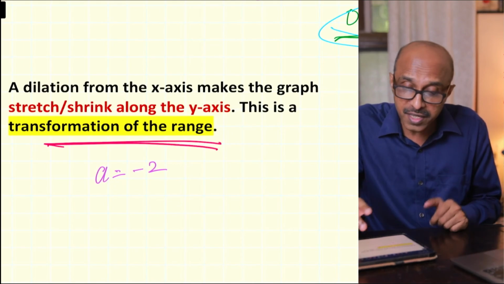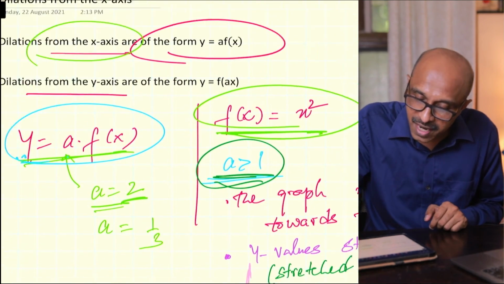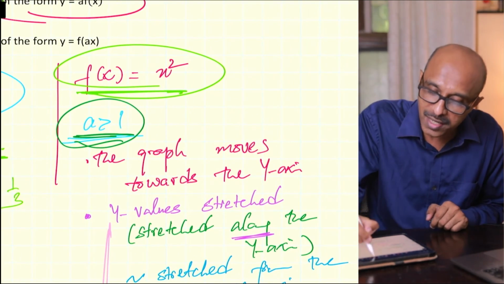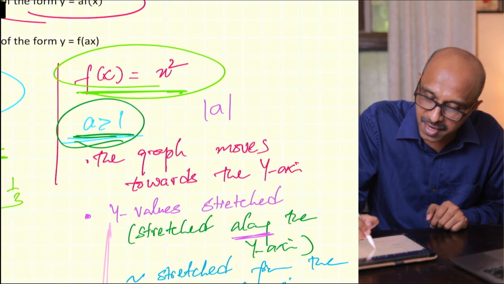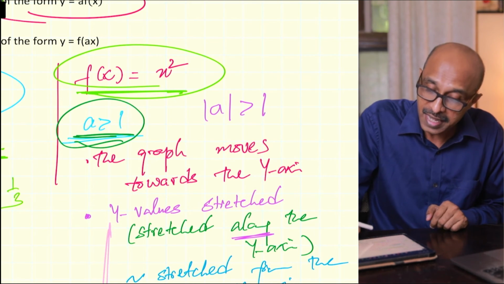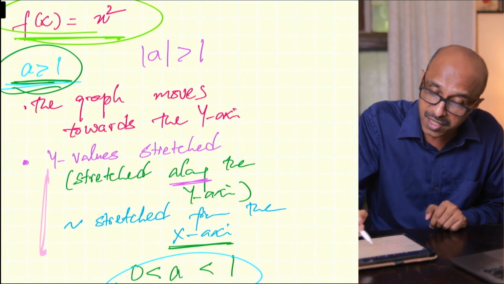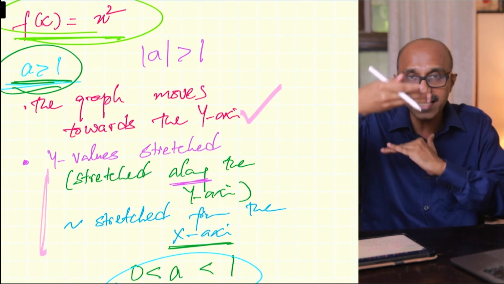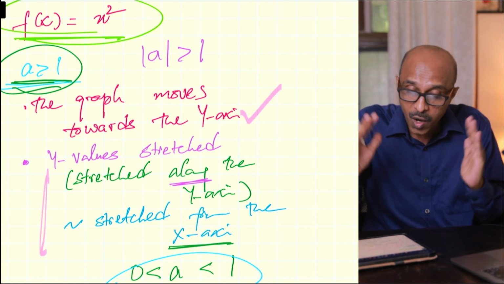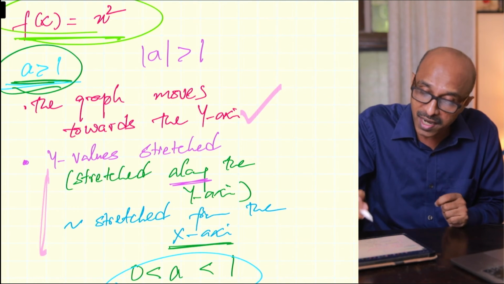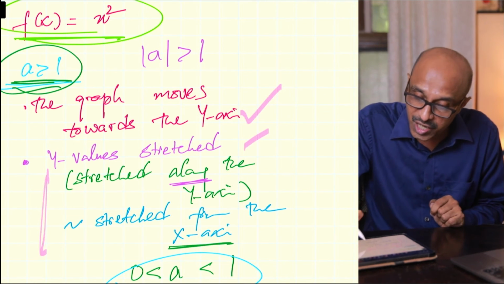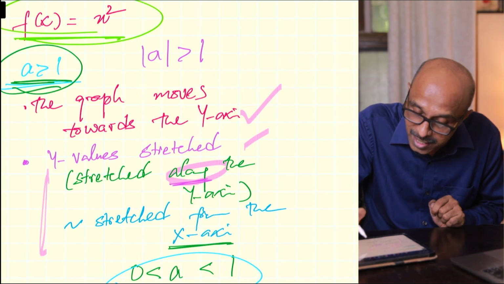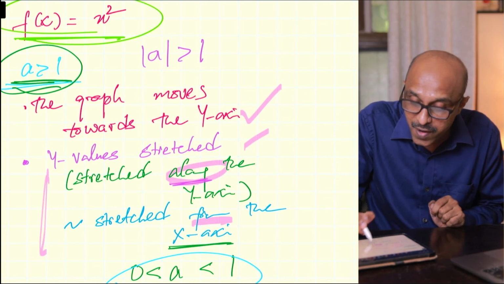So let's make a note of this. We just saw that regardless of the sign of a, as long as the absolute value of a is greater than 1, the graph still moves towards the y-axis, all right? If a is negative, that's a reflection, but it's still moving towards the y-axis. The y values are getting stretched. It's a stretch along the y-axis, which means it's a stretch from the x-axis.